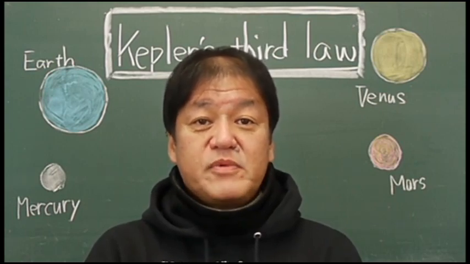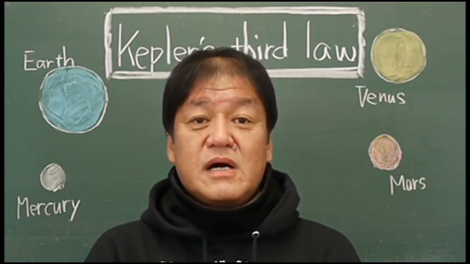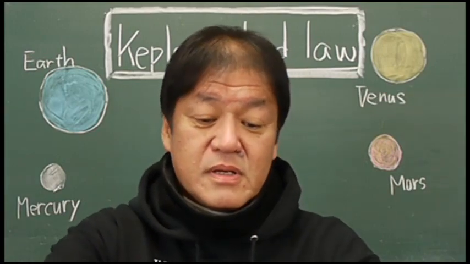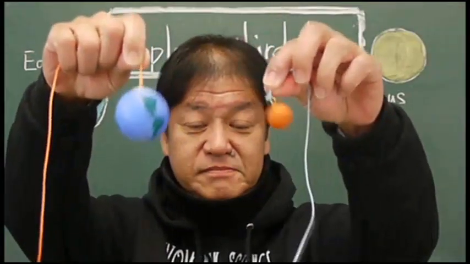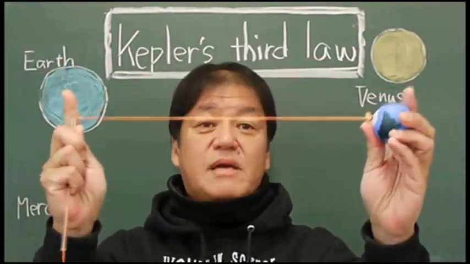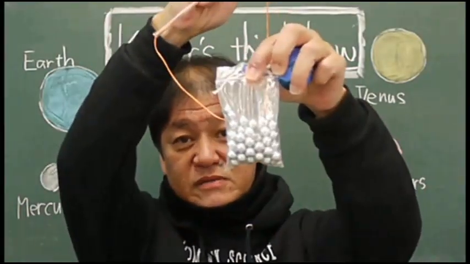So I came up with an experiment that lets you intuit the ratio of planet size, mass, and revolution radius, and universal gravitation.